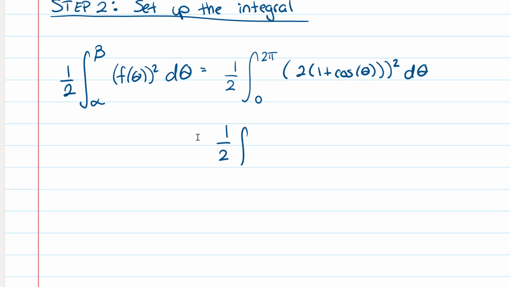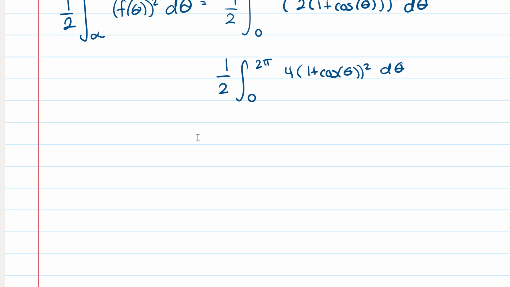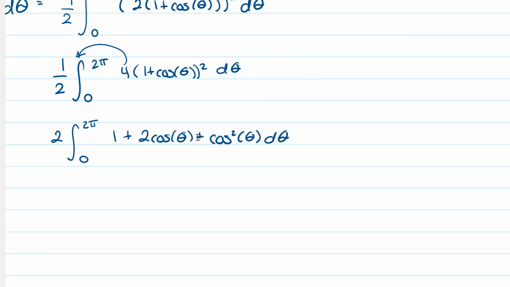The 1/2 comes down, and when I square it, I get 4 times (1 plus cosine theta) squared. When I bring out the 4, it multiplies by 1/2, and you get 2 times the integral from 0 to 2 pi. This wouldn't be so bad if I didn't have to deal with that cosine squared.